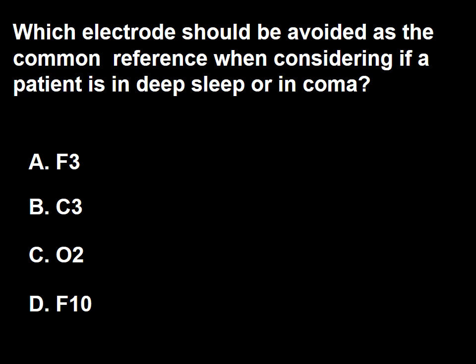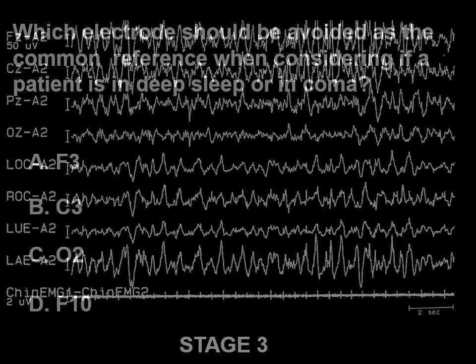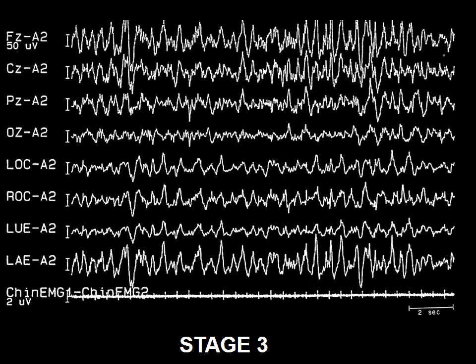Next question. Which electrode should be avoided as the common reference when considering whether a patient is in deep sleep or in coma? A. F3, B. C3, C. O2, D. F10. As you can see in this frame, the amount of slow activity in the frontal lobes is more prominent than the activity in the occipital lobe during stage 3 sleep.